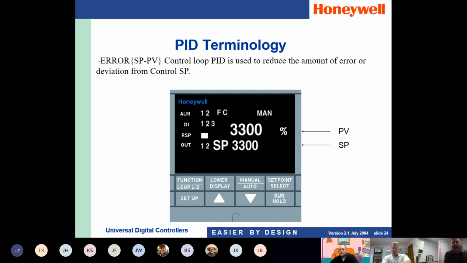You would typically see the process variable dip, and the controller is going to do everything it can to increase the output in order to get the process variable back to equaling the set point, ultimately reducing the error. So it can be either a cooling system or a heating system. Both are working towards reducing the error.